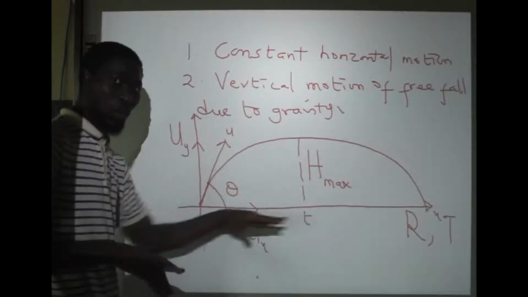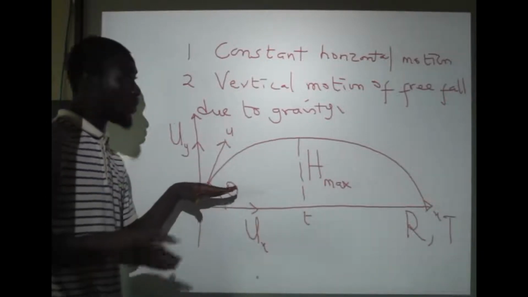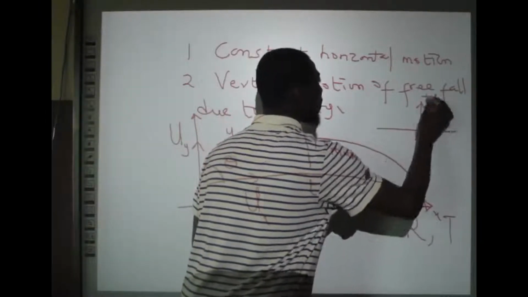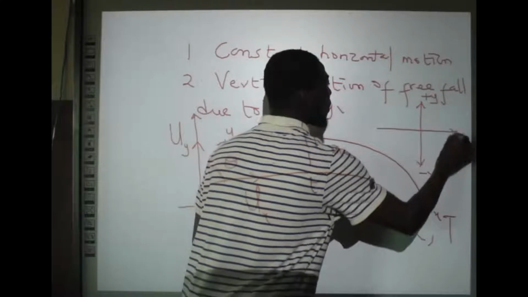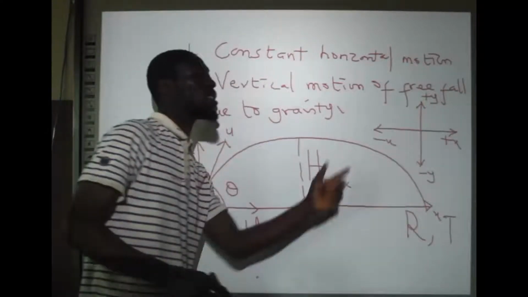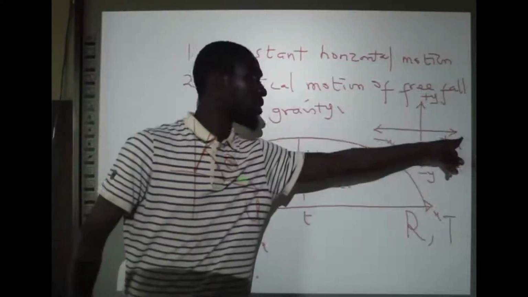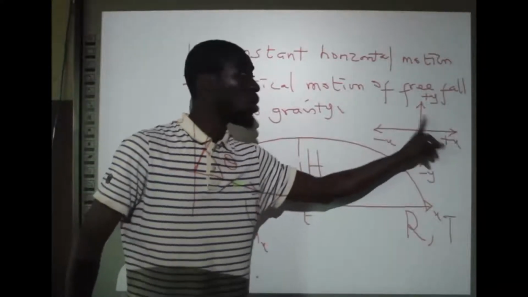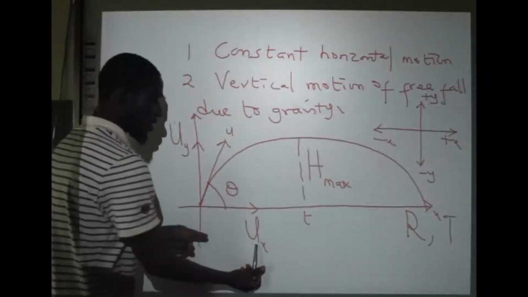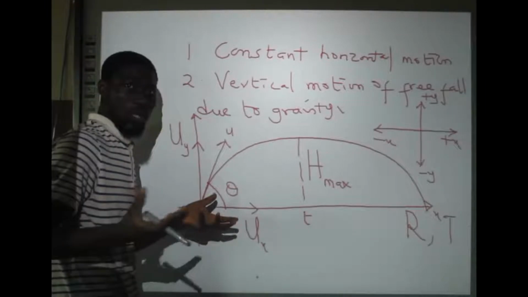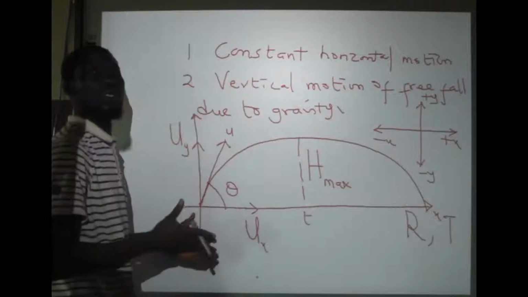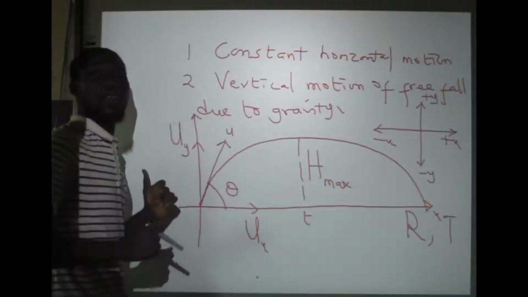The x-axis is horizontal, because you know the cardinal axes: plus y, negative y, plus x, and negative x. Considering the positive plane of the xy axis, the x-axis is horizontal while the vertical is the y-axis. Now, u is the initial velocity, so x means the horizontal velocity, and uy is the vertical velocity.